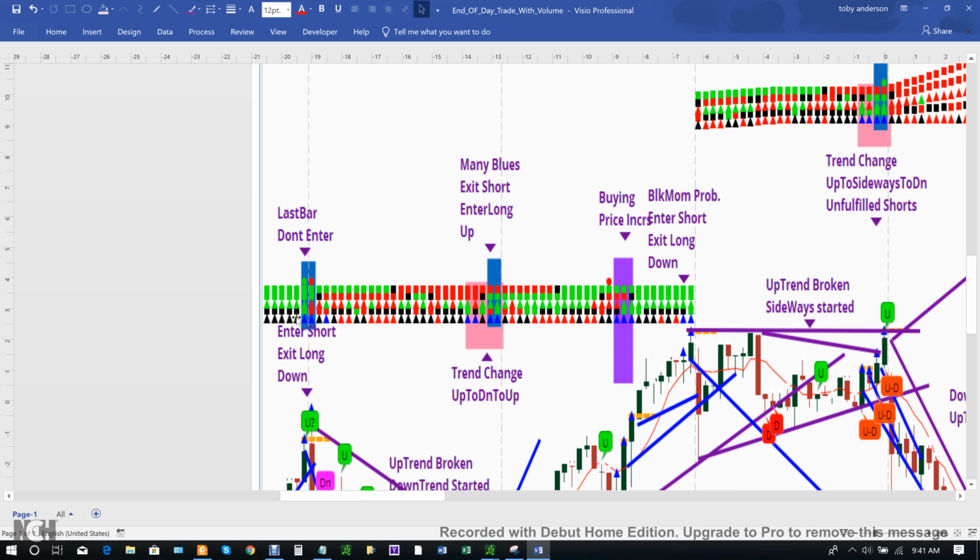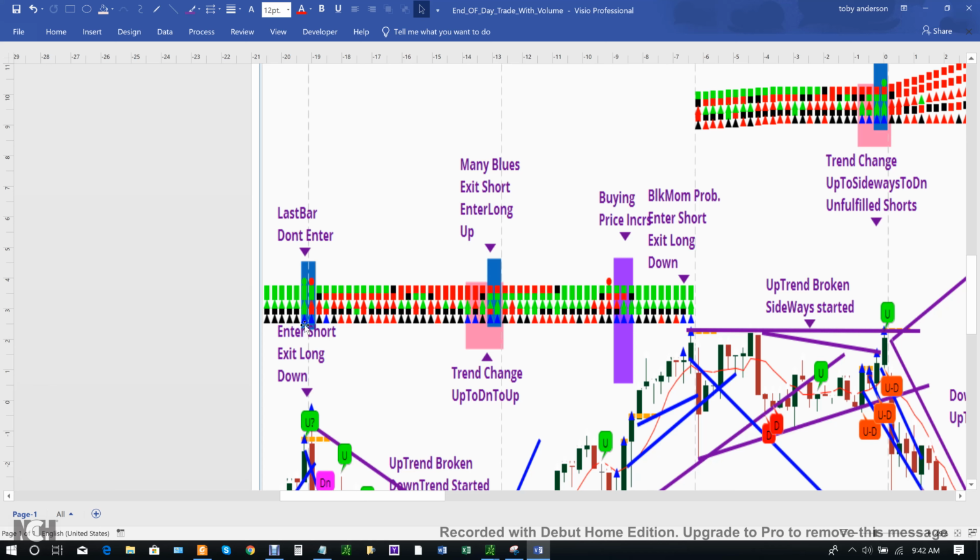You need to have at least two candles, so at least the next to last candle will be blue. That would be this situation. The next to last candle is blue, and the last candle is blue.